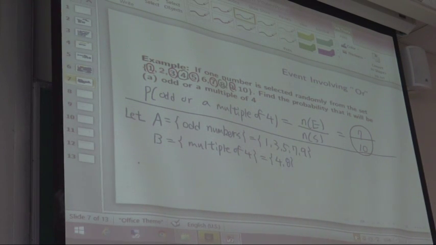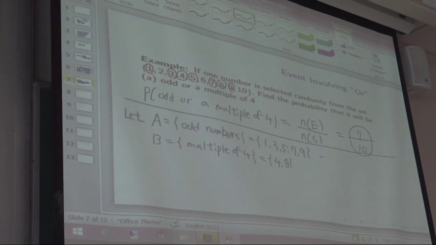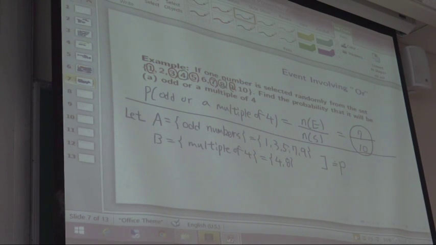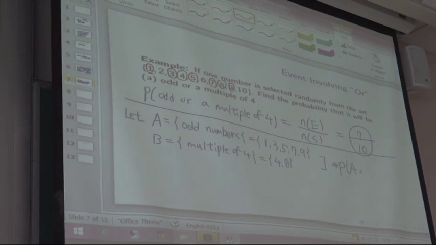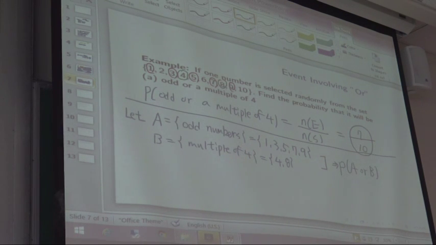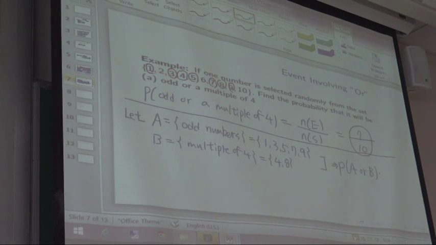Then the probability of A or B, the set A or the set B, is 7 over 10, but that is the same as the following.